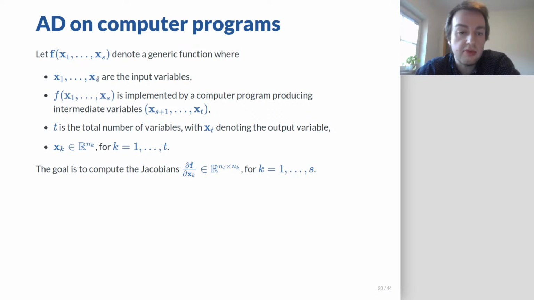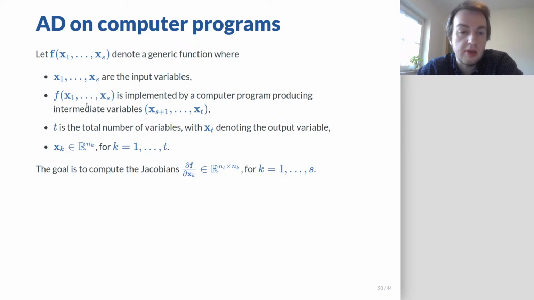Then the computation of f will itself be implemented by a computer program that produces intermediate variables xs plus 1, xs plus 2, up to xt. And t here will correspond to the total number of variables that we'll have to compute, where the final variable xt is our output variable, right?